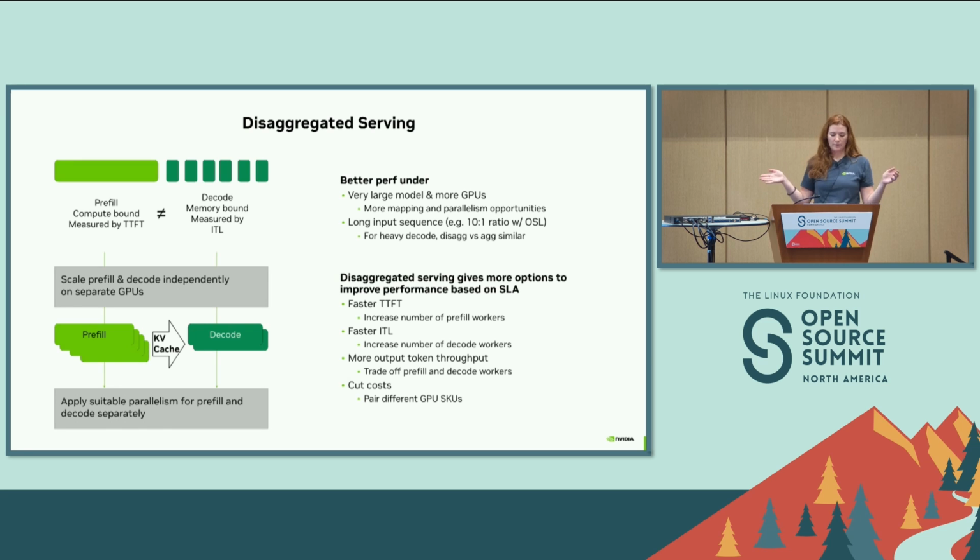We can split them, and we can now scale them independently, so we can have multiple prefill workers, multiple decode workers. You can utilize even different tensor parallelism. So you can utilize tensor parallelism 4 for prefill, but tensor parallelism 2 for decode phase. That's all available to you. You can do whatever you want.